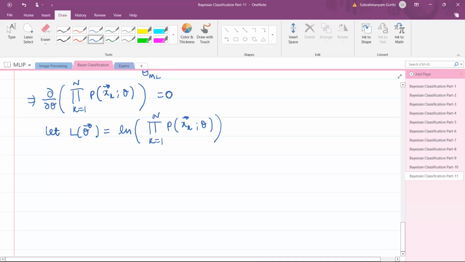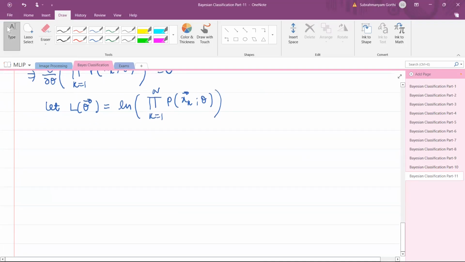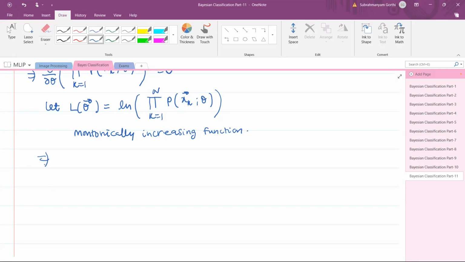Since this is a monotonically increasing function, what would be the effect of that? That means to find the theta bar, I could still apply a derivative there and equate it to 0 to get the theta value.